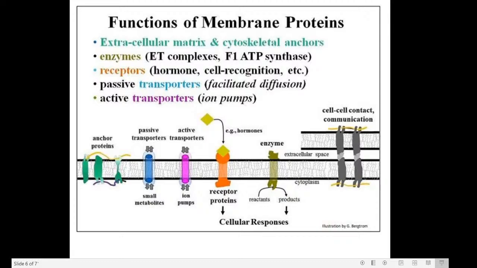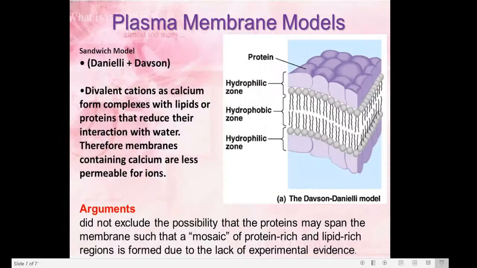Receptors are involved in cell communication. Passive transporters are used for the diffusion of ions, and active transporters help with ion pumps. These are all the major membrane proteins and their activities.